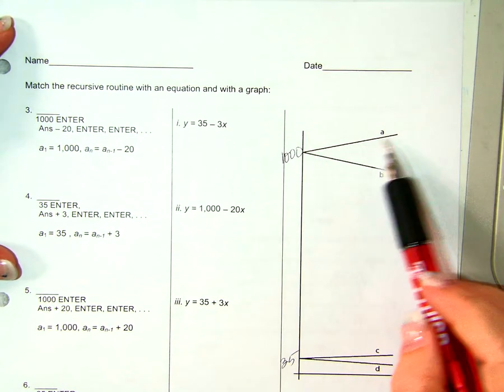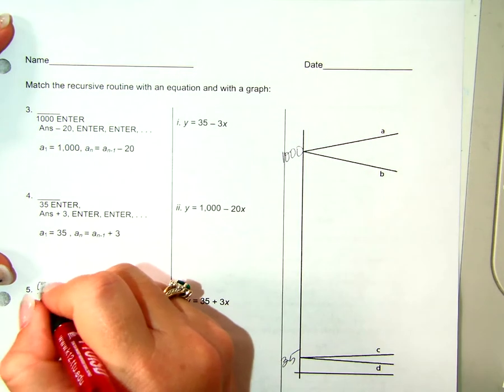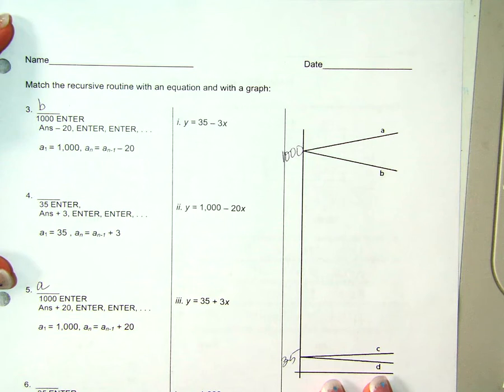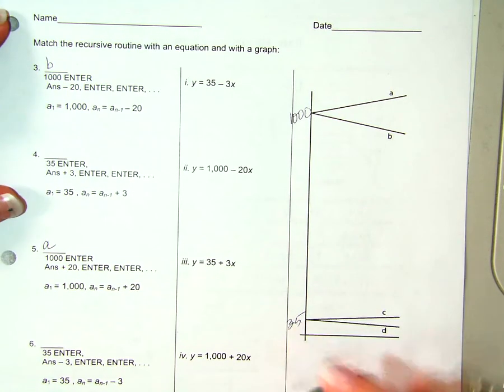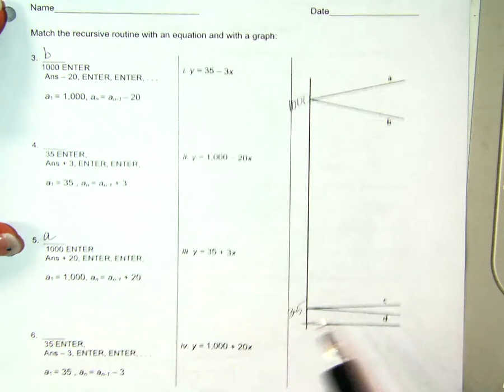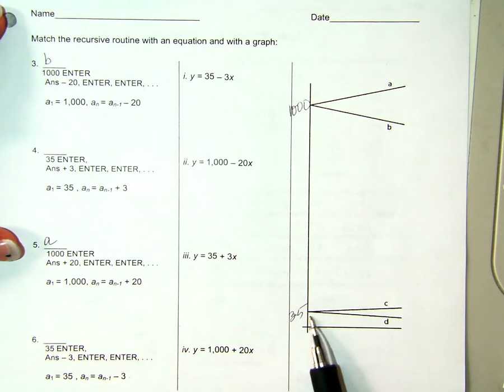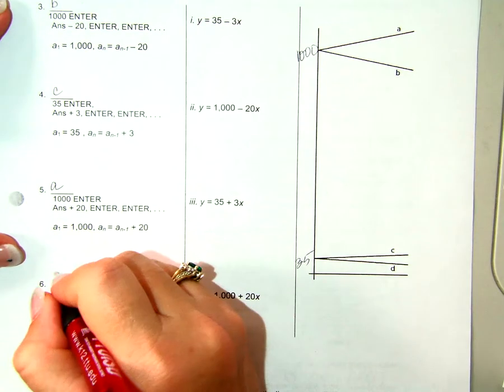Hopefully you see that the increasing line is going to be the plus 20. So this one is going to be A, and this one is going to be B, number 3. Now when it's starting at 35, it's either plus 3 or minus 3. Even though it's a really small change, still the positives are going to be the increasing. So here's C, and number 6 is D.